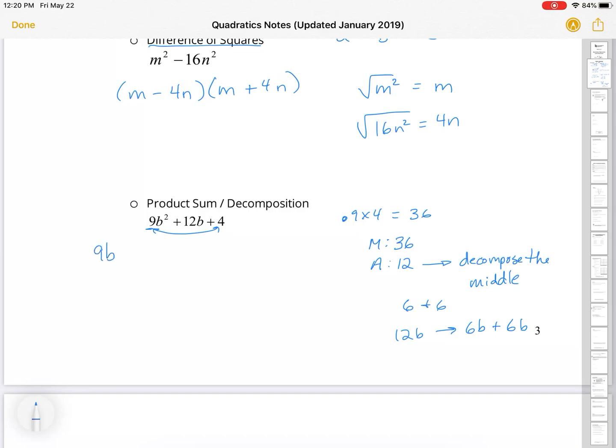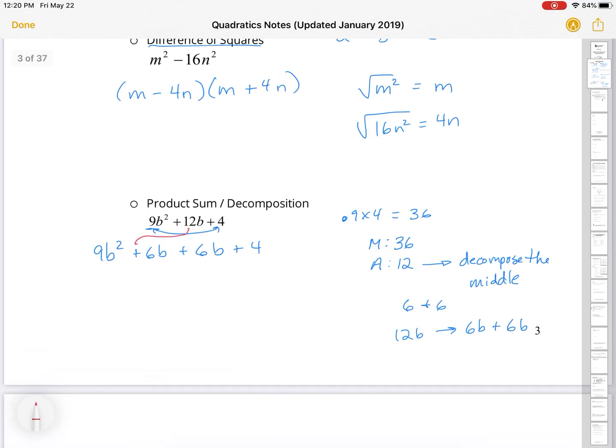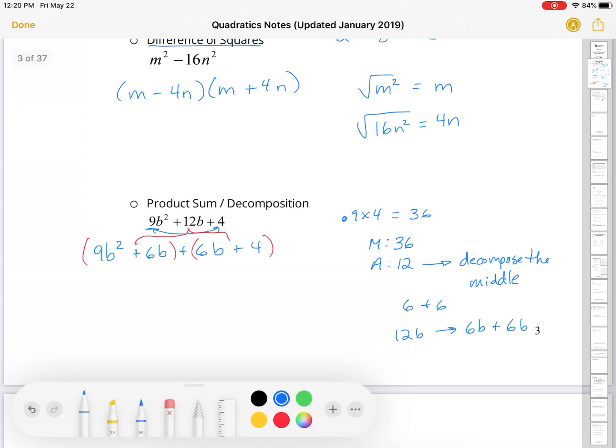So I write that out, 9b squared plus 6b plus 6b plus 4. I haven't changed anything. All I've done is broken that 12b into two different terms. Okay, they're still there. Then I group and I factor. So when I factor, I look at each of the two brackets that I've now made, and I'm going to factor out a common factor.